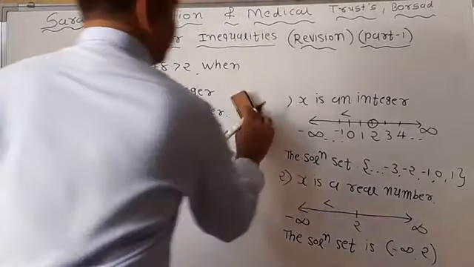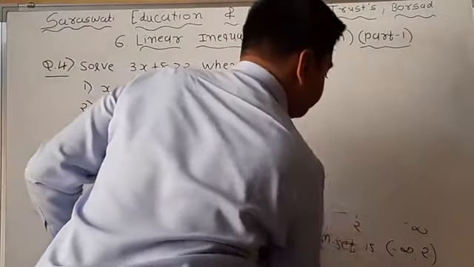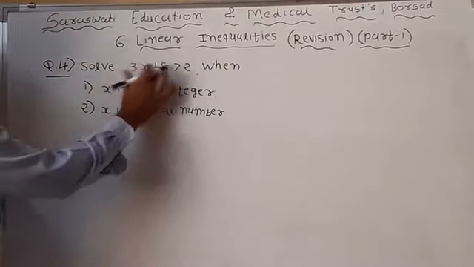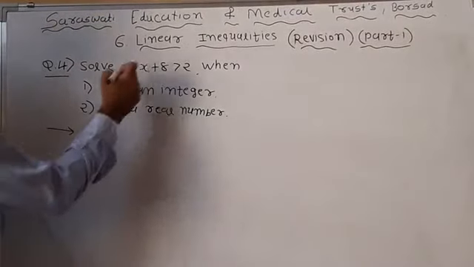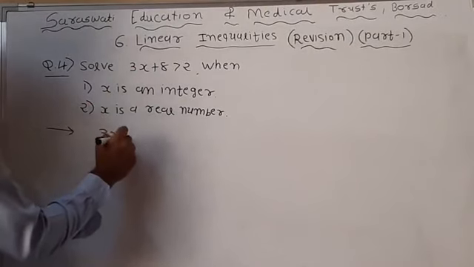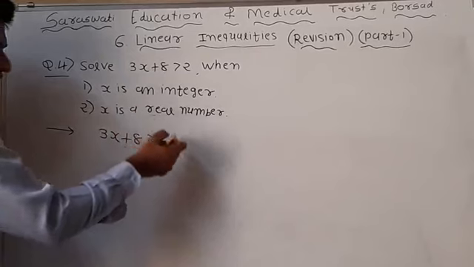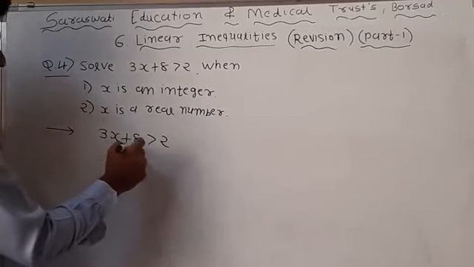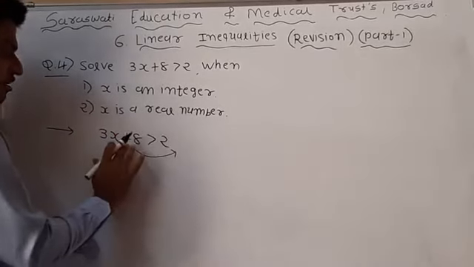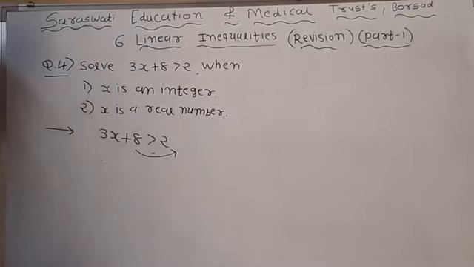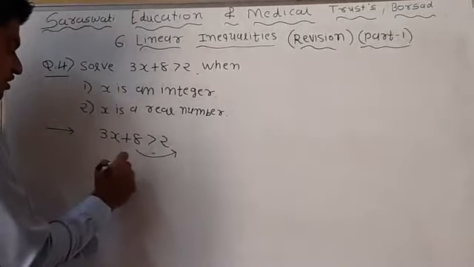First of all, simplify this inequality. 3x plus 8 greater than minus 4. Now 8 goes to the opposite side and we change the sign. Here the plus sign is present, so on the other side we write minus.